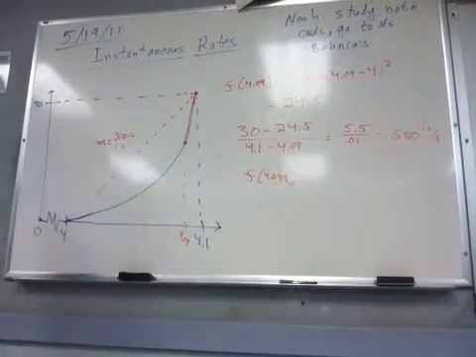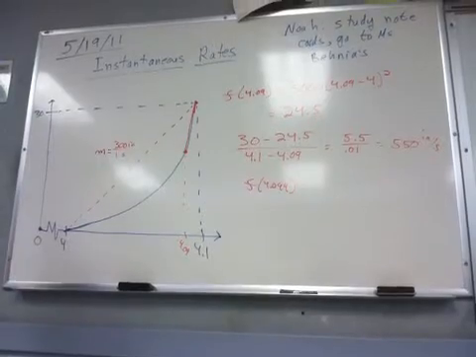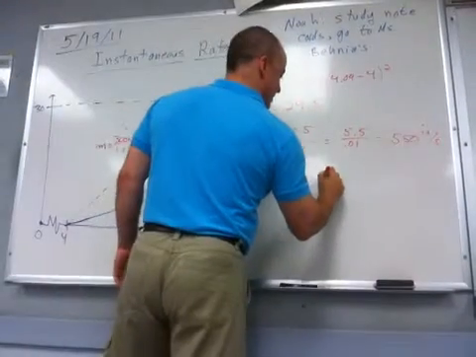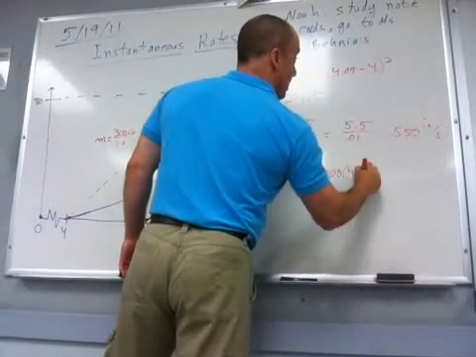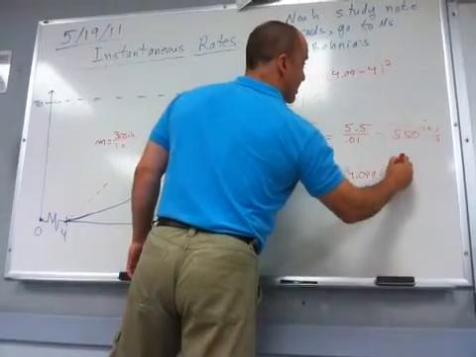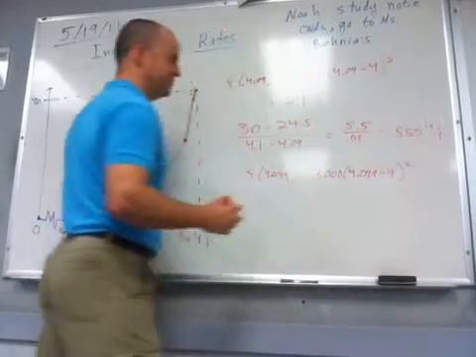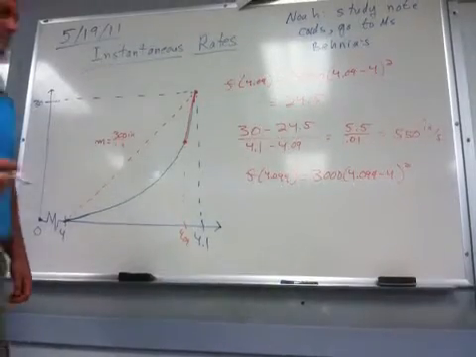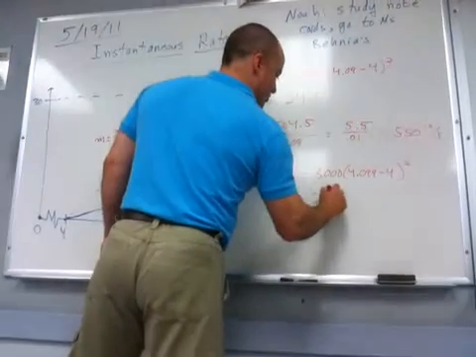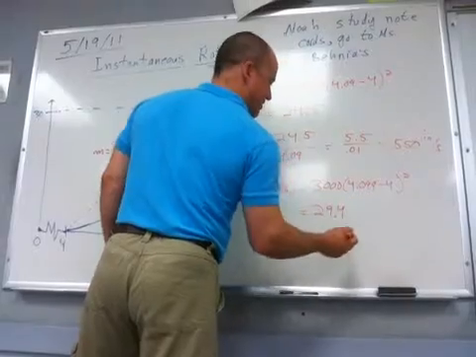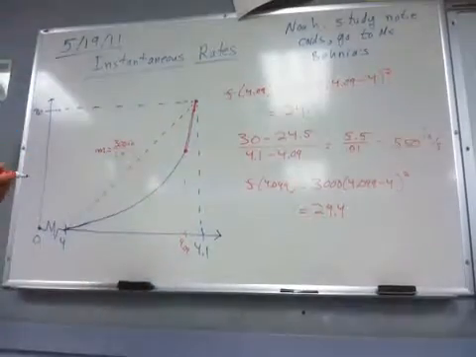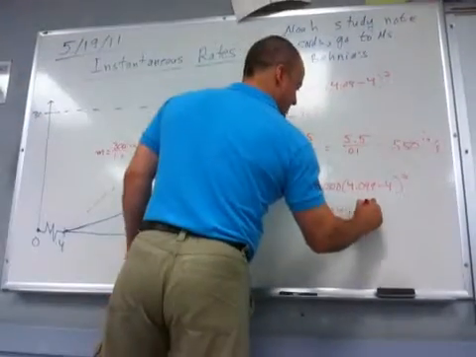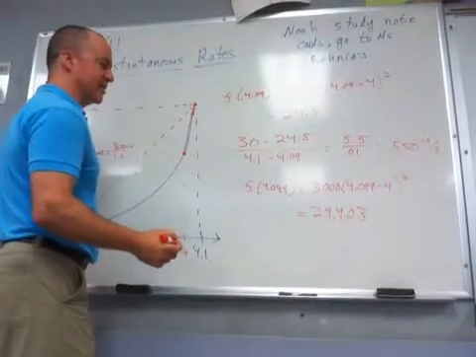So 3,000 times 4.099 minus 4 squared. What's that equal? 29.4. Does it go out any more than that, or is that it? 03. It's going to become important. I'm not going to worry about significant digits here.